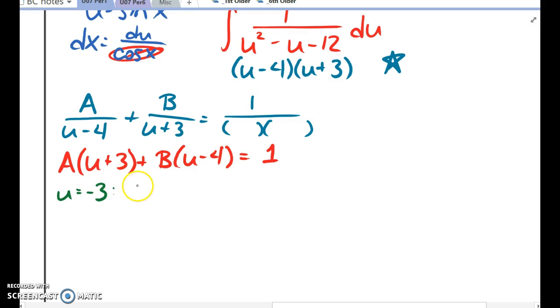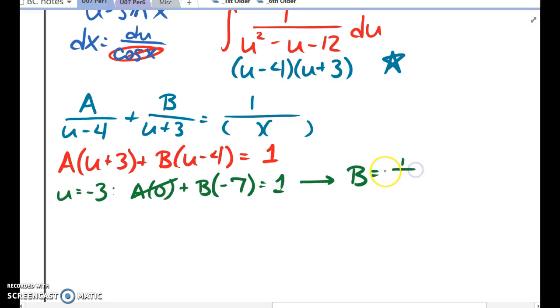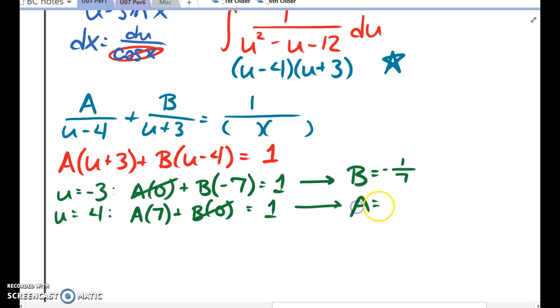If I let u equal negative 3, then my A term cancels out, but then I have B times negative 7 equals 1, so B is negative 1/7. If I let u equal positive 4, then A times 7 plus B times 0 equals 1. So A is 1/7.